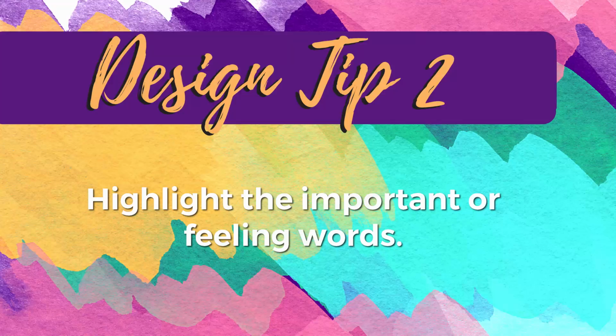If it's not that case, then you just highlight those words that are really important, that deliver impact. Still feeling words, but it doesn't have as much feelingness to it, like love, hug, stuff like that. So what I'm going to do is highlight these words because they stand out for me.